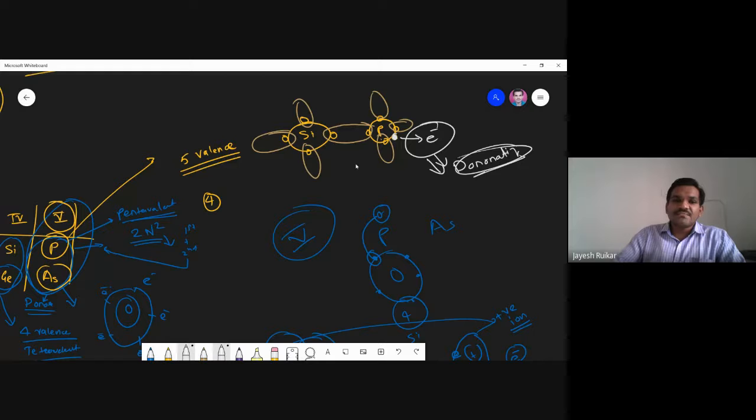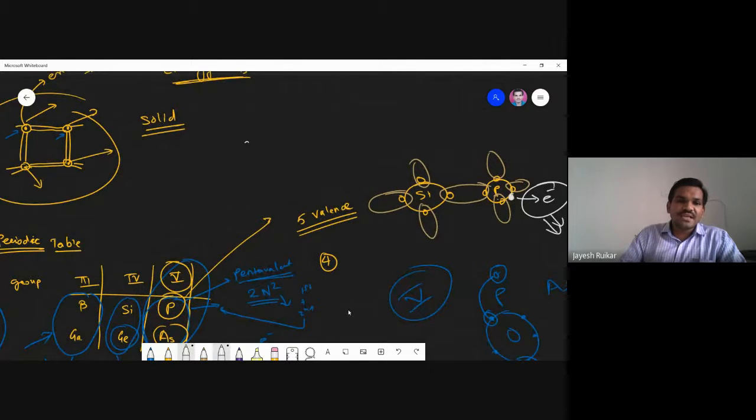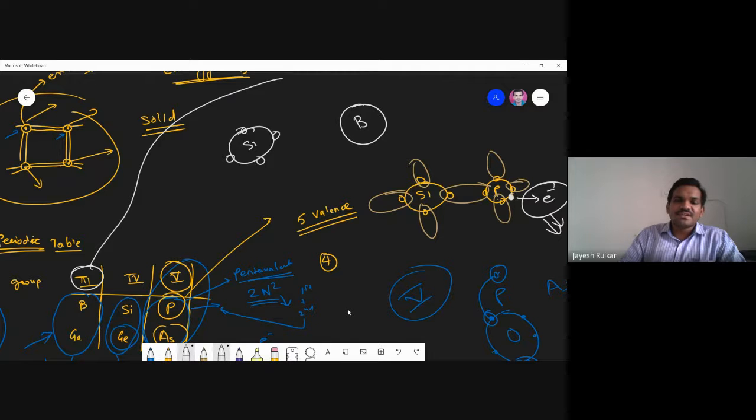In a similar way, if you talk about group 3 elements, I am again redrawing the same structure. Silicon has 4 valence electrons, and then if we start adding group 3 elements, here I am drawing a boron atom. The boron atom has 3 valence electrons in its outermost shell.